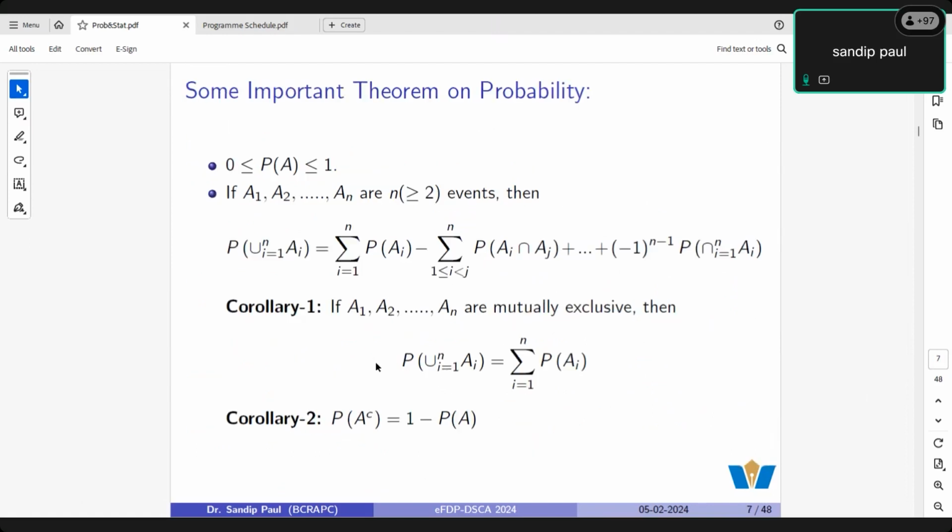Now next, from the theorems or from the definition, we can write that the probability of any event lies between 0 and 1. So probability cannot exceed 1 or be less than 0.